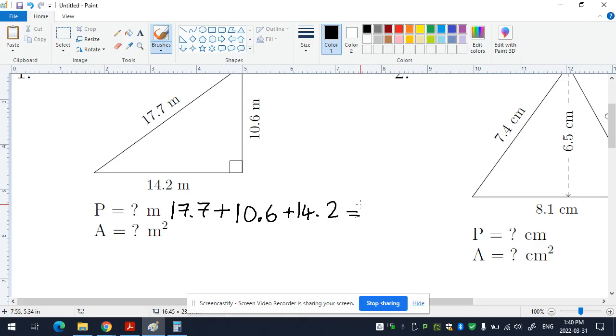So what would this be? 17 plus 10 is 27. 27 plus 14 is 41. But we still have the decimals, 0.7, 0.6, 0.2. That's 1.5. Who got 42.5?